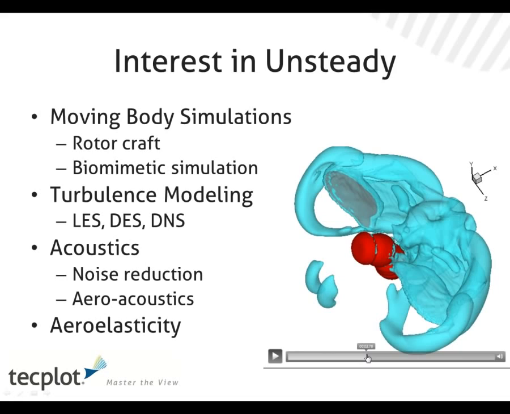Other areas are turbulence. Turbulence is inherently unsteady. Now we model turbulence with equations that model the unsteadiness in our Reynolds-averaged Navier-Stokes equations, but a lot of people are going to an actual simulation of the unsteadiness through large eddy simulations, detached eddy simulations, or even direct numerical simulations of the turbulence. Acoustics is inherently unsteady.